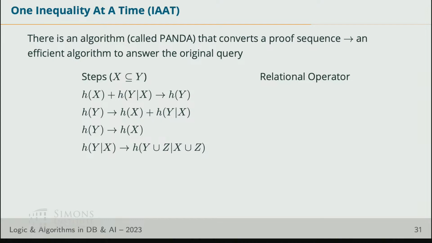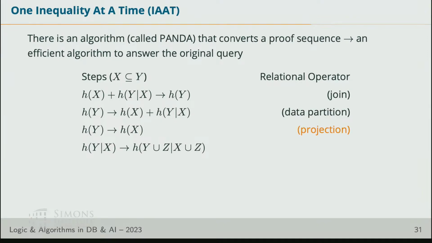Every step in the proof sequence will be turned into a relational operator, like a join or a projection or a partitioning. If we have a composition of two things, then this will become a join operator. If we have a decomposition, then this will become partitioning the data into parts.